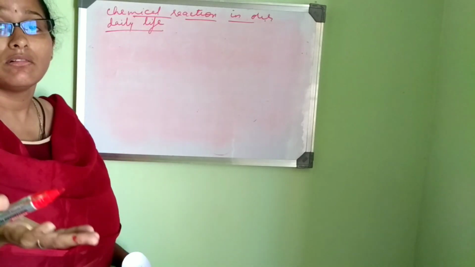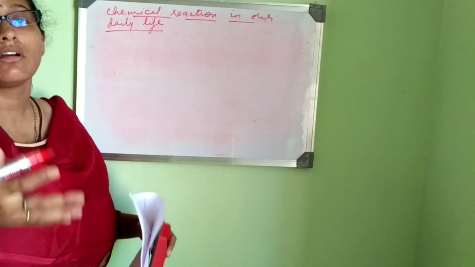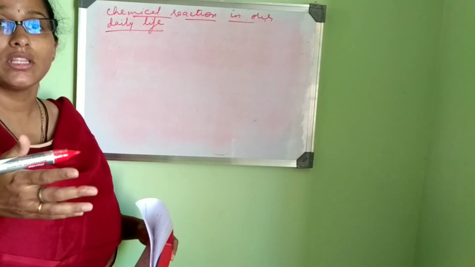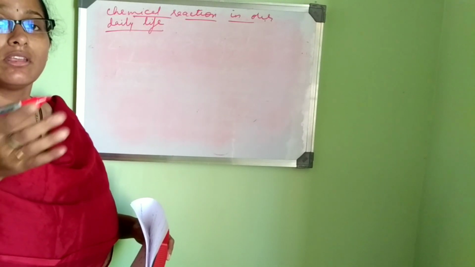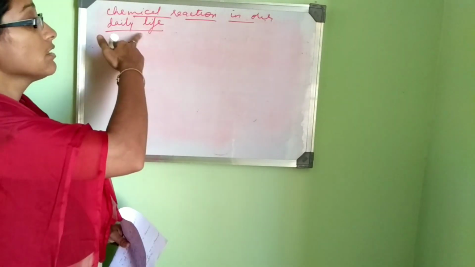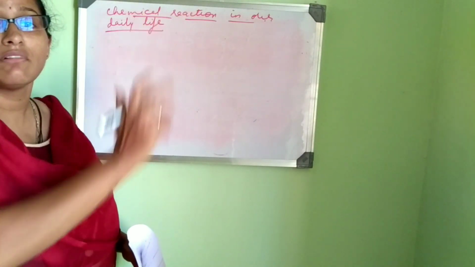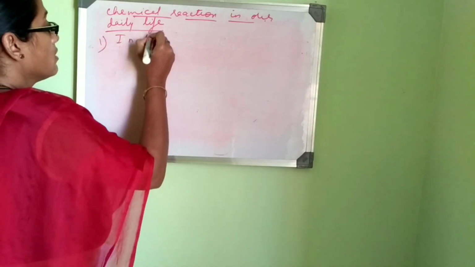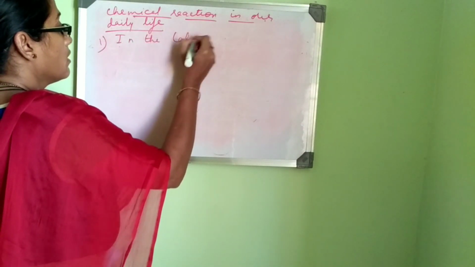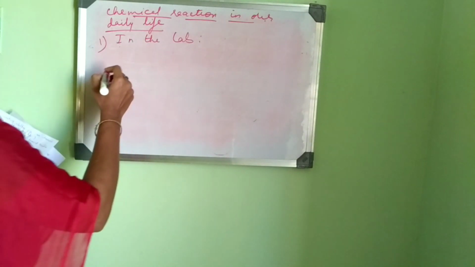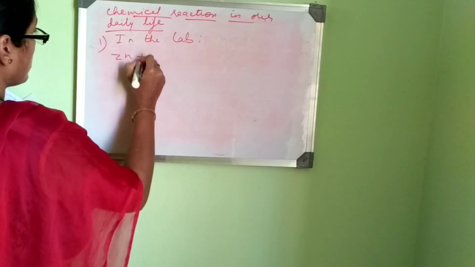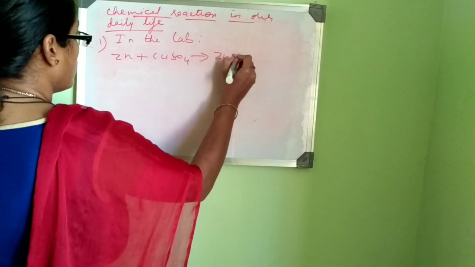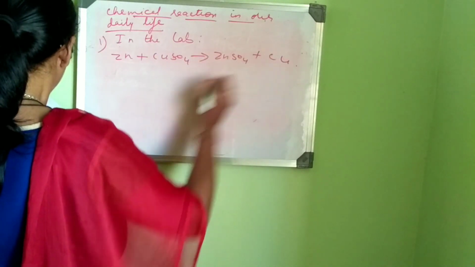These metals or elements can be reacted, and experiments can be done only at the lab level. But there are different ways where we can understand that chemical reactions do happen in our daily life. Let us see the first one in the lab. The same example, Zn plus CuSO4 gives rise to ZnSO4 plus Cu.